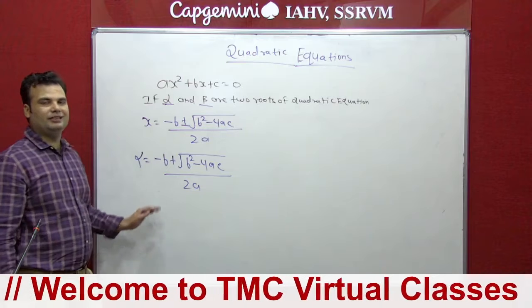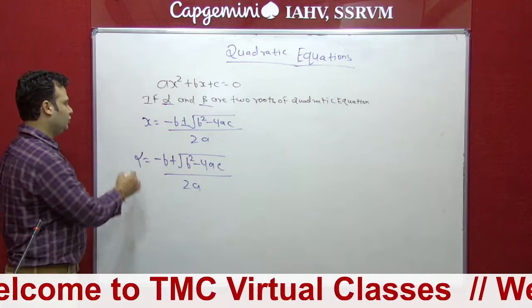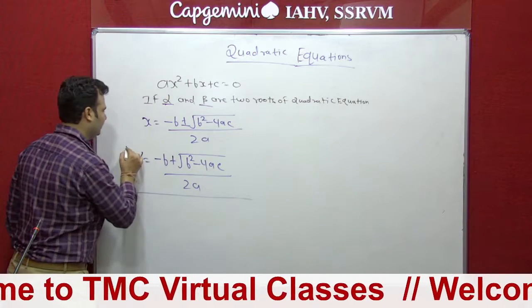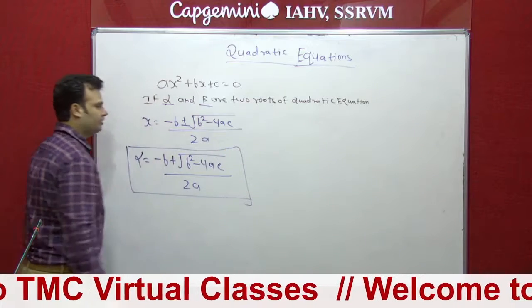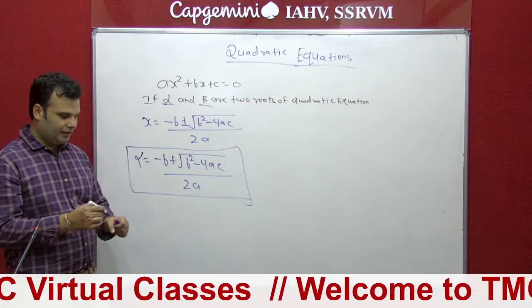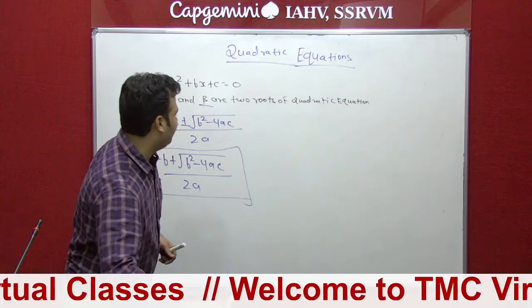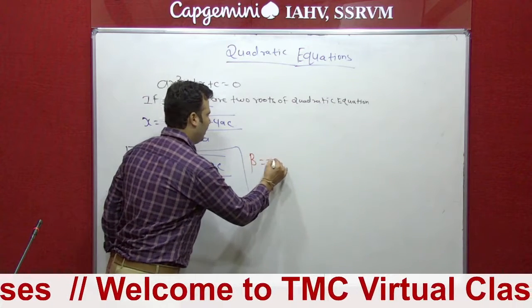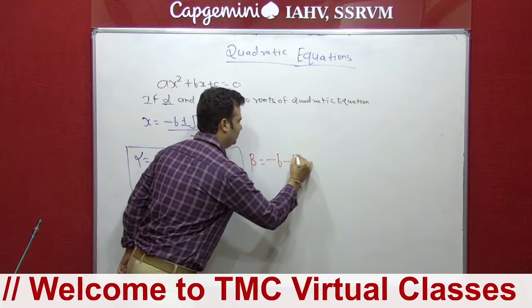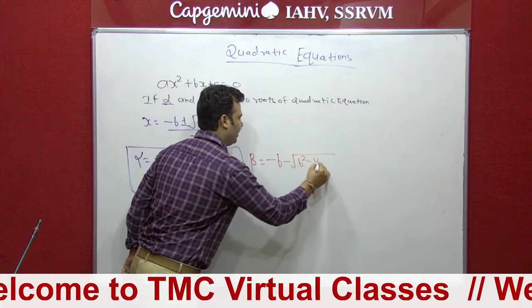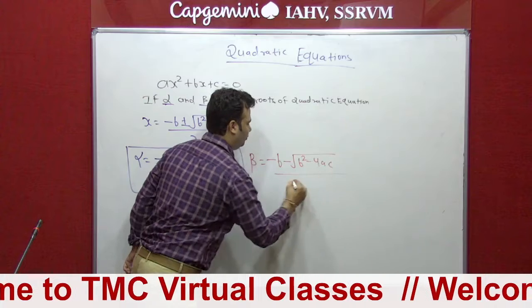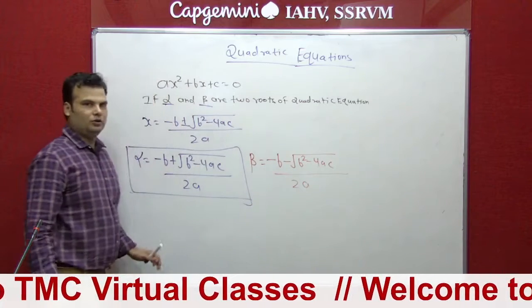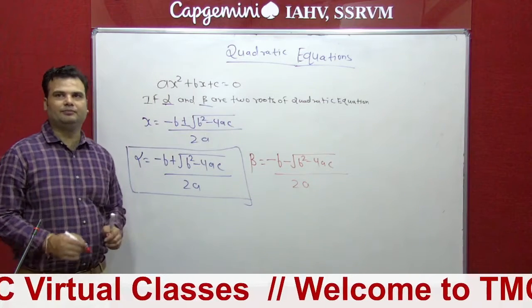This content is very important, you have to remember this. Similarly, beta will be minus b minus square root of b square minus 4ac upon 2a.